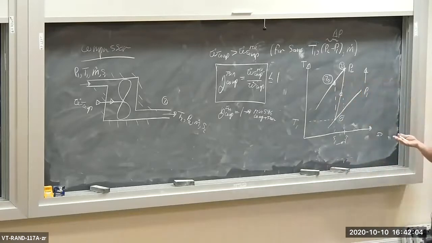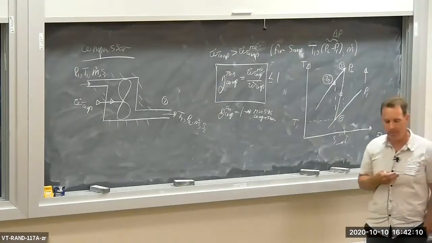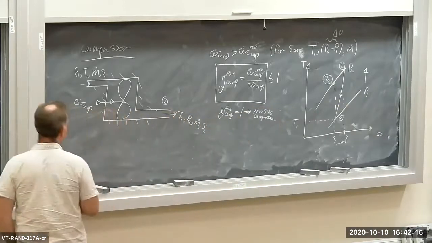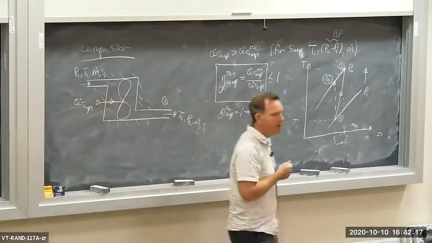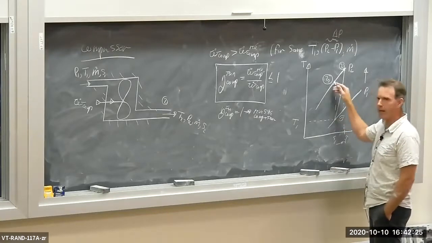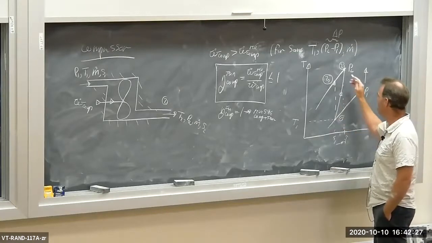So let's go over this again. We have two compressors. We have a real compressor, which is what we're interested in, and we have a theoretical isentropic compressor, which consumes the minimum work to pressurize what I'm trying to pressurize. The isentropic device moves vertically up on the TS diagram to get from P1 to P2.